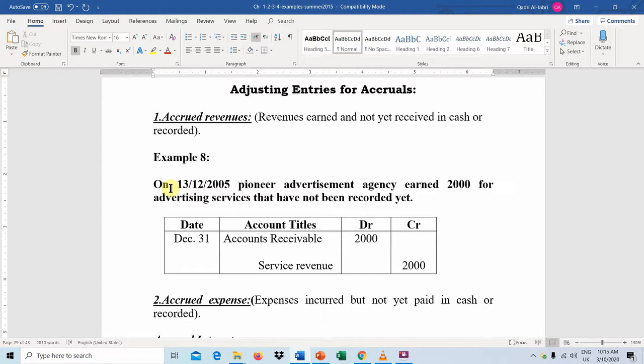So we have to recognize this revenue during the period because we provided the services during this accounting period. So we will credit service revenue by 2,000, but because we did not receive cash for this service revenue, we will debit accounts receivable, and this amount will be collected in the next accounting period.